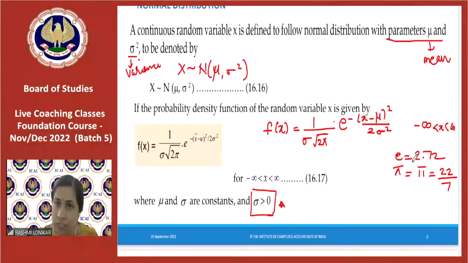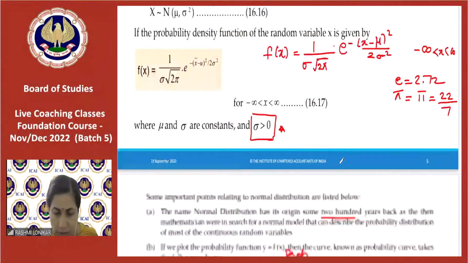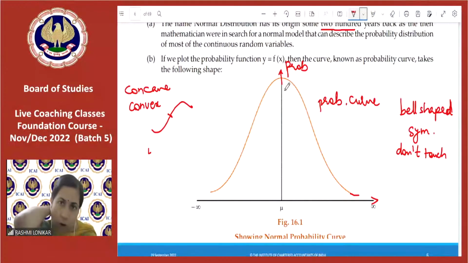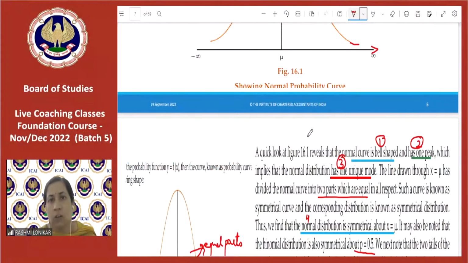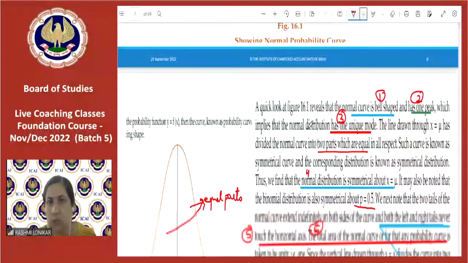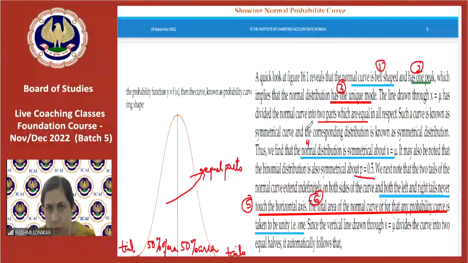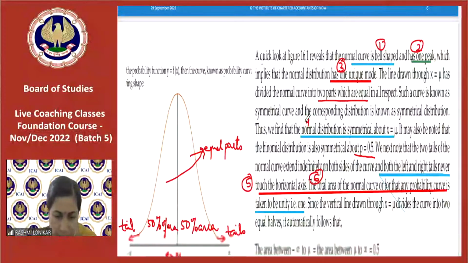The value of e is 2.72 and pi is 22 upon 7. When you plot this, you get the probability curve, which is bell shaped and symmetric about x is equal to mu. The tails do not touch the x-axis. There is a unique mode because there is one single peak, and the whole area under the curve is equal to 1. The line x is equal to mu divides the area into 2 equal parts.